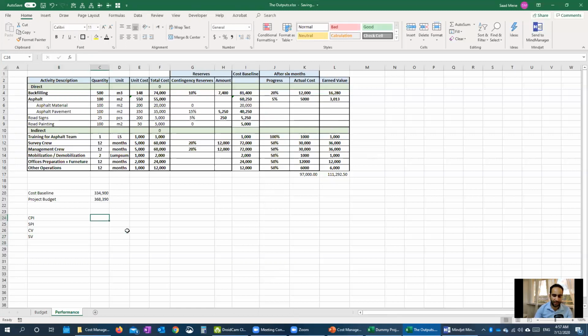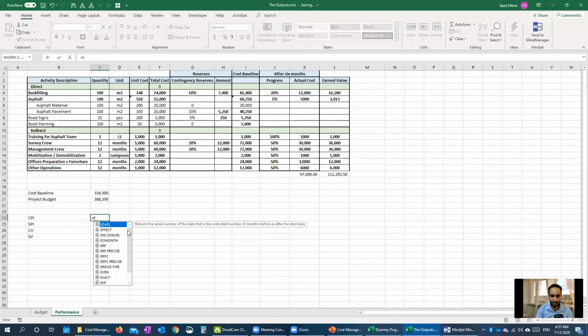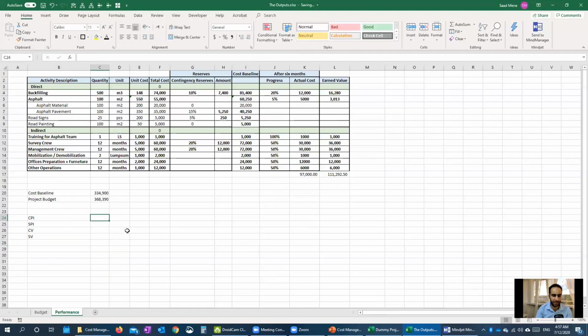This is a fraction. We said it is EV divided by AC. And this is EV divided by PV. The CV is EV minus AC, and this is EV minus PV.